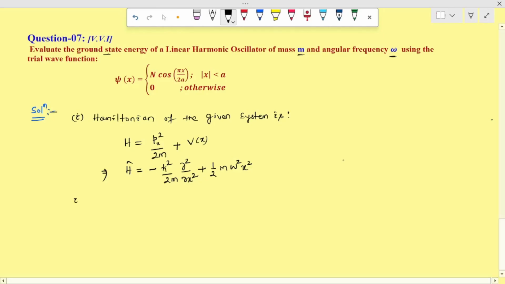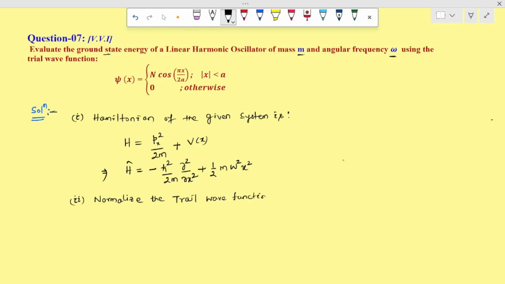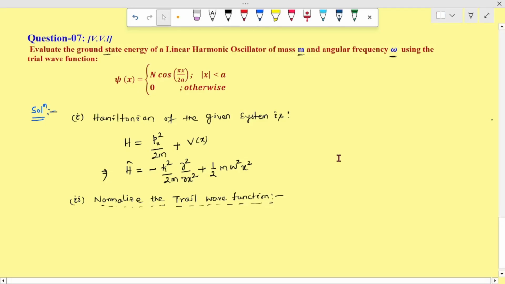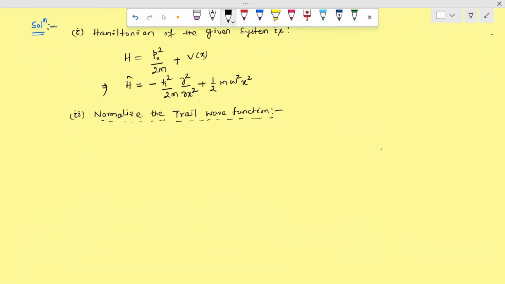Now we are going to go for normalization of the trial wave function, because in the question itself we can find that the trial wave function is not normalized. So as per our second step, we have to normalize the trial wave function. Directly I am going to write the normalization condition.